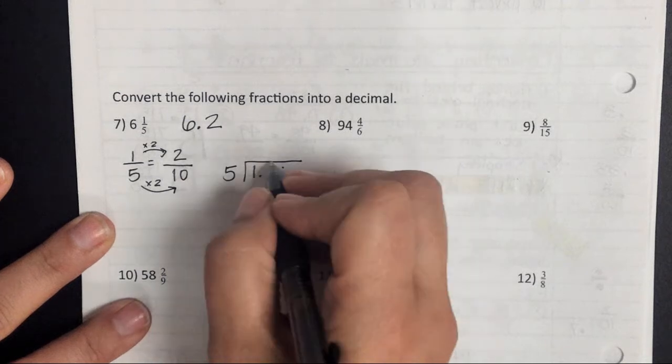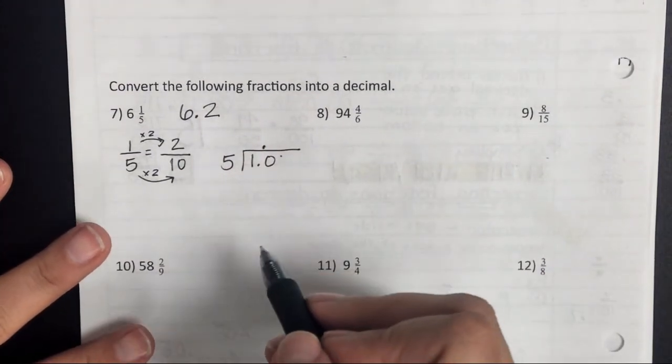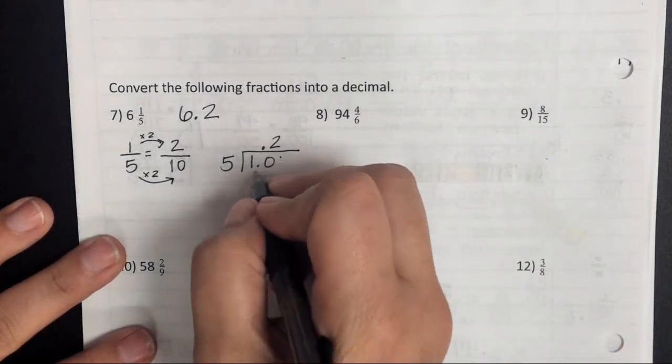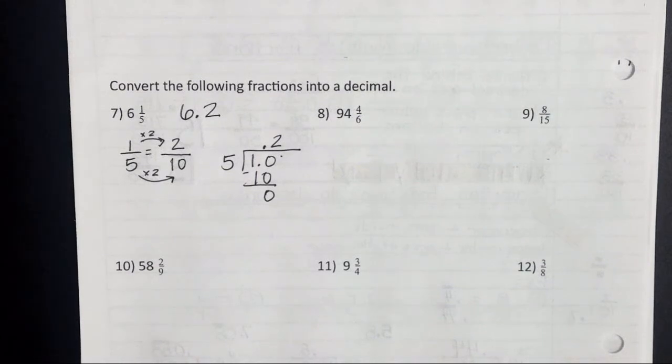Again, decimal, I'm just going to put 1.0. Okay, so I'm doing 1 divided by 5. Can 5 go into 10? Yes. 2 times, nothing left over. The biggest thing I want you to see is that, guys, decimals, fractions, and eventually when we get to percents, they are all the same thing. It's just a different way of showing the same thing.